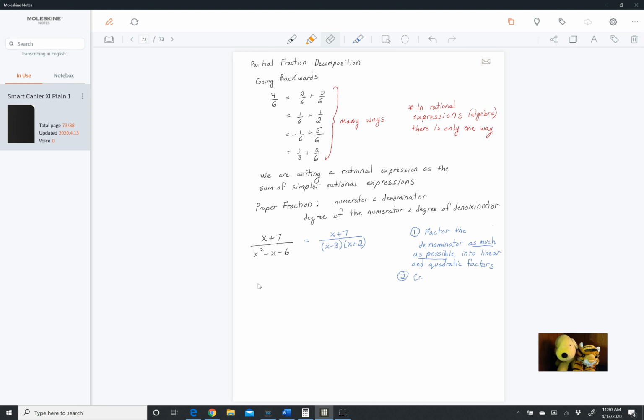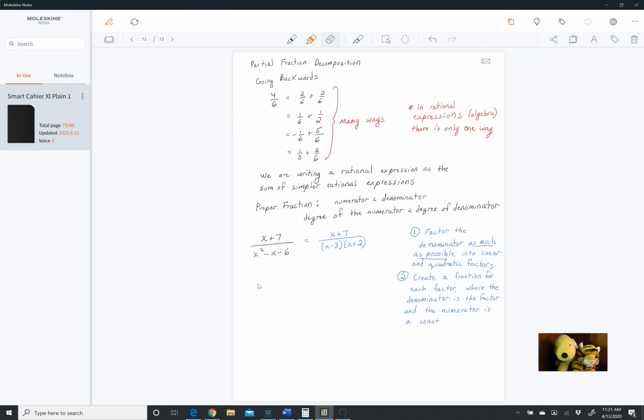So you're going to create a fraction for each factor where the denominator is the factor and the numerator is a constant.